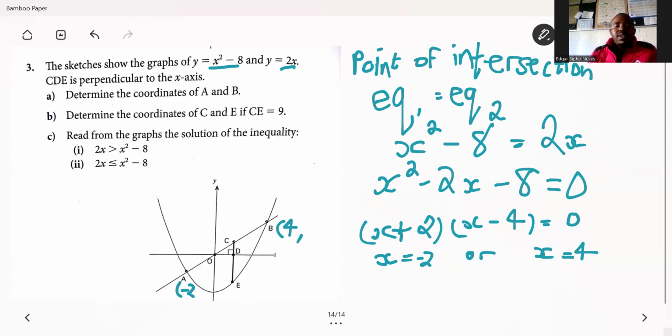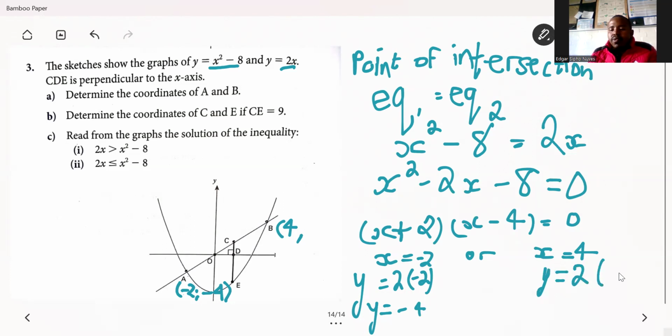So I always go for the simpler one. I'm going to substitute my x values into the straight line one. So y equals 2, and in the place of x, I'm going to replace it with minus 2. So we find a y coordinate of minus 4. So A has coordinates (-2, -4). Now for B, I'm going to substitute into the straight line again.